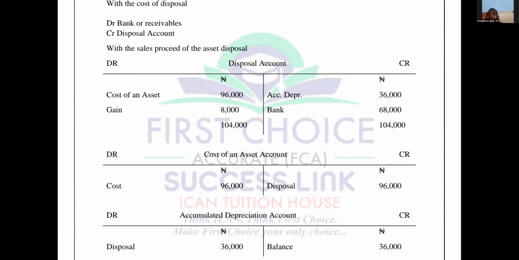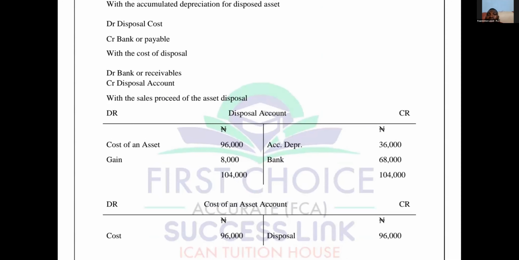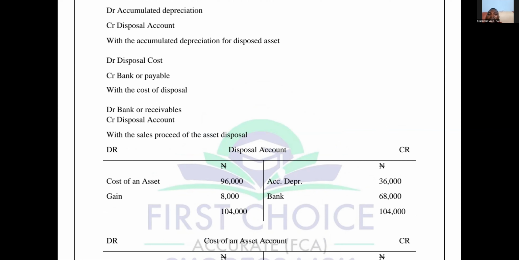So that is the correct thing. I credit my disposal account and debit my bank account. Okay, it's correct now. Can you see that? That is the entry with the sales proceeds of the asset disposed.